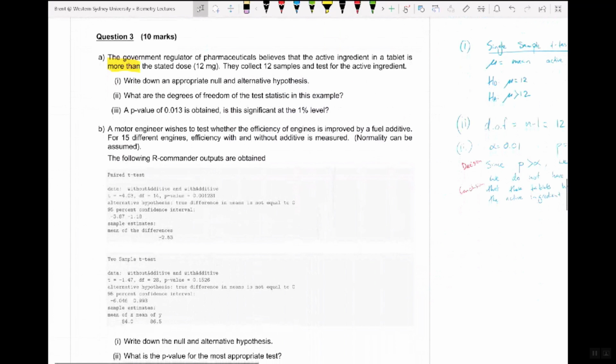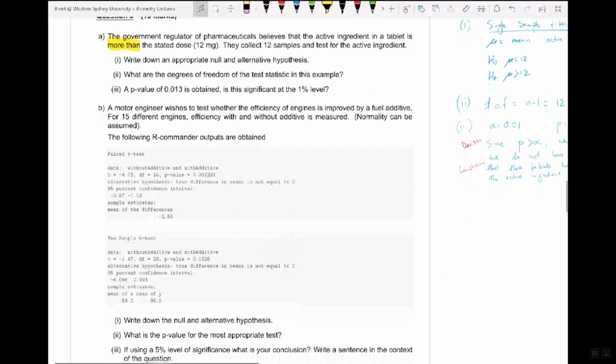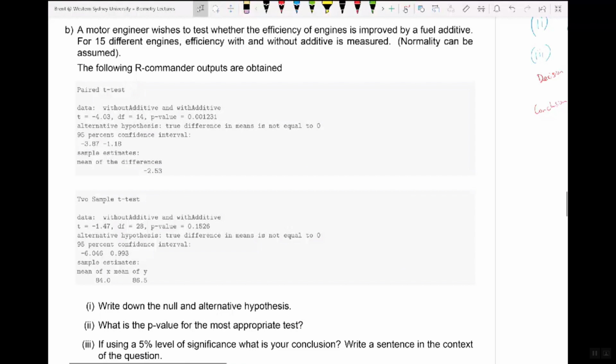So I've given away already what the answer is. They want us to write down the null and alternative hypothesis for this particular scenario, but they've given us 2 different types of R-commander output. They gave us one for a paired t-test and one for a 2-sample t-test. Okay? R-commander will do both of them based on the same data that you gave it. It's up to you to work out which one you should do.